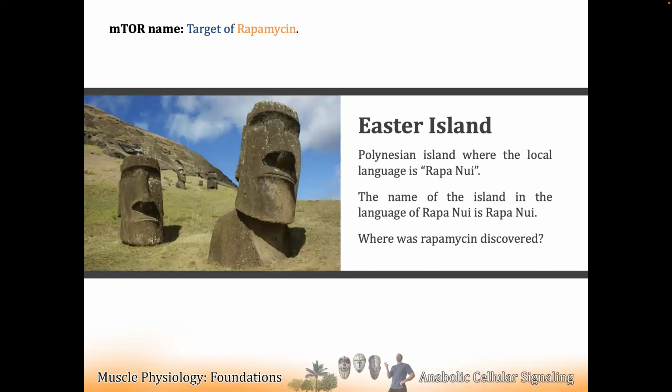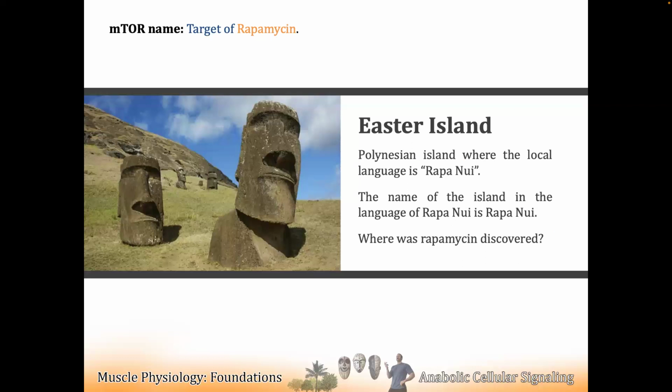So rapamycin functions as an exogenous, you know what that means, allosteric, you know what that means, inhibitor of mTOR complex 1.